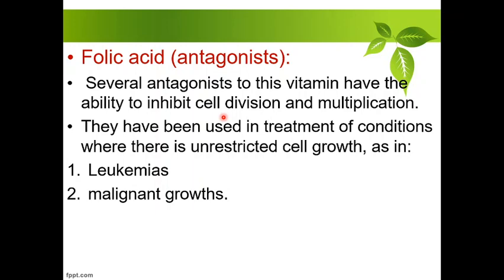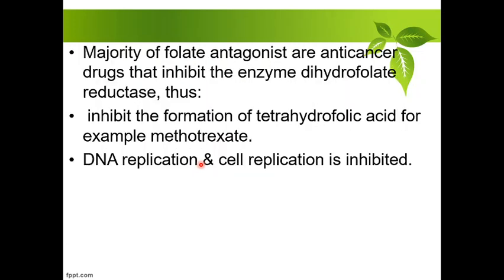In this way, the multiplication of the cell stops, cancer cell division stops, and up to an extent, I will not say the cure, but up to an extent, the cancer cell multiplication is restricted. And this is seen in leukemia and other malignant growths, other types of tumor cells.